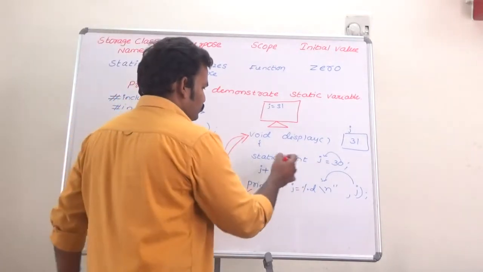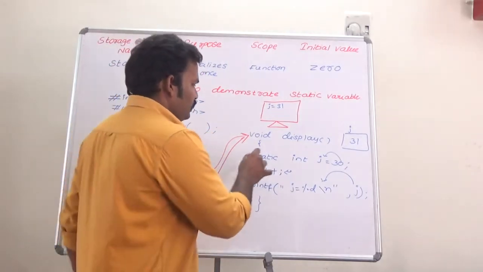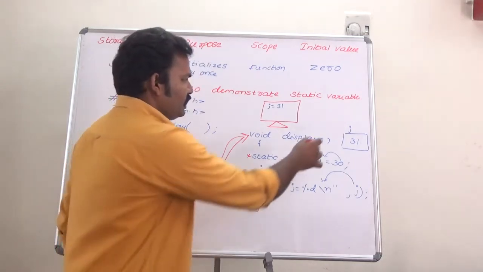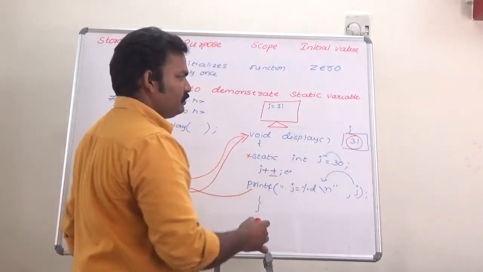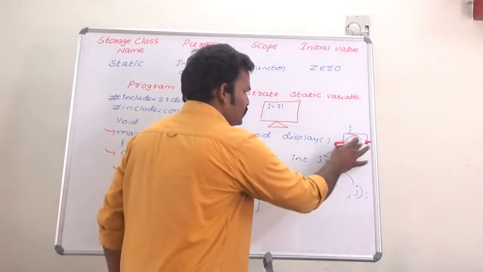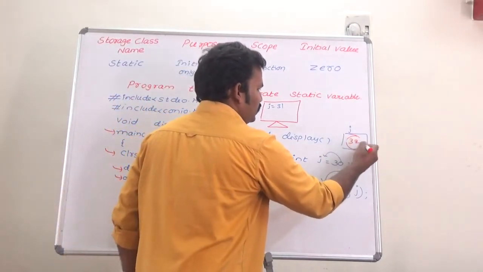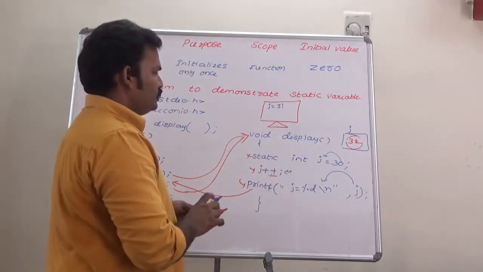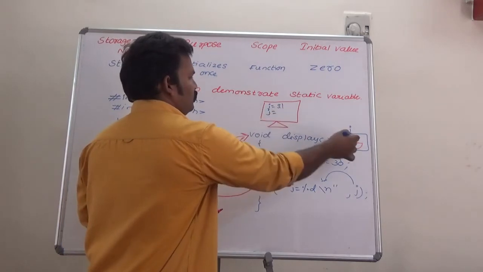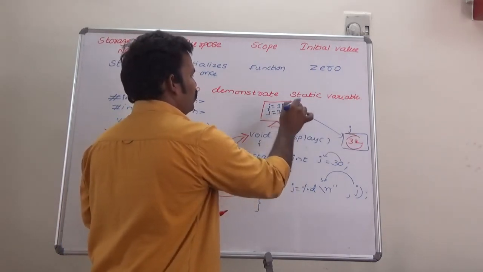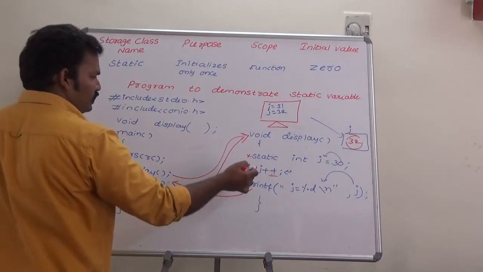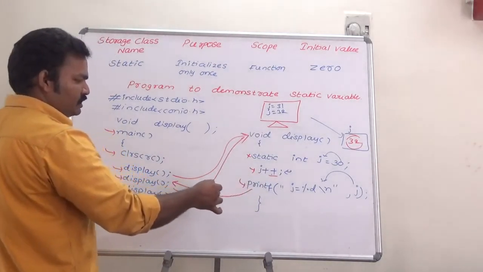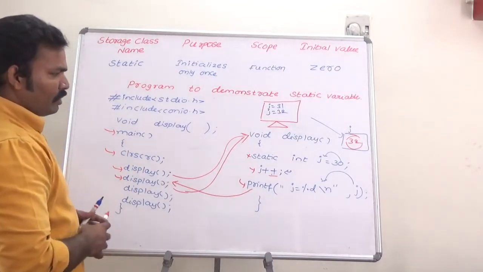This statement will be skipped. Next, j plus plus: the j value 31 is incremented by 1, so 31 plus 1 makes the j value 32. This statement prints the j value on the screen: j is equal to 32 now.